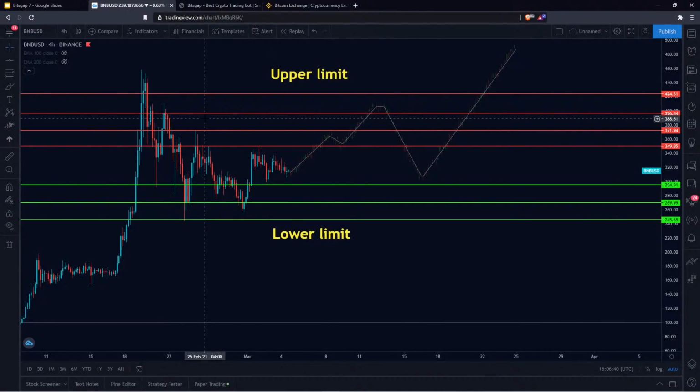The point here is how to define the trading range and what are the strategies that we have at Bitsgap to take the highest return from the market depending on the trend formation.